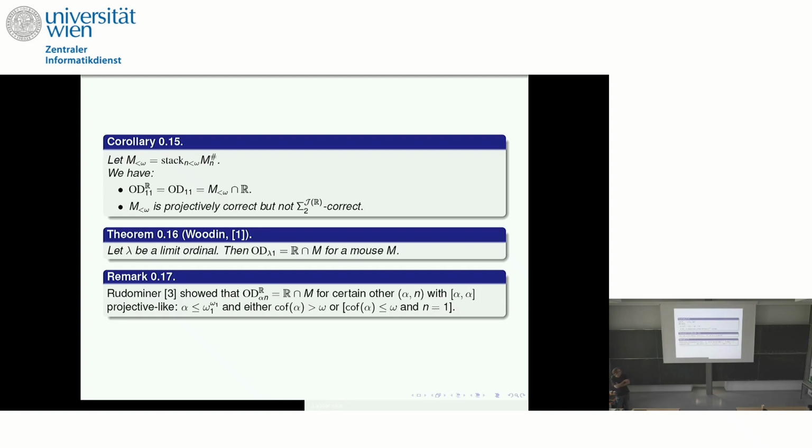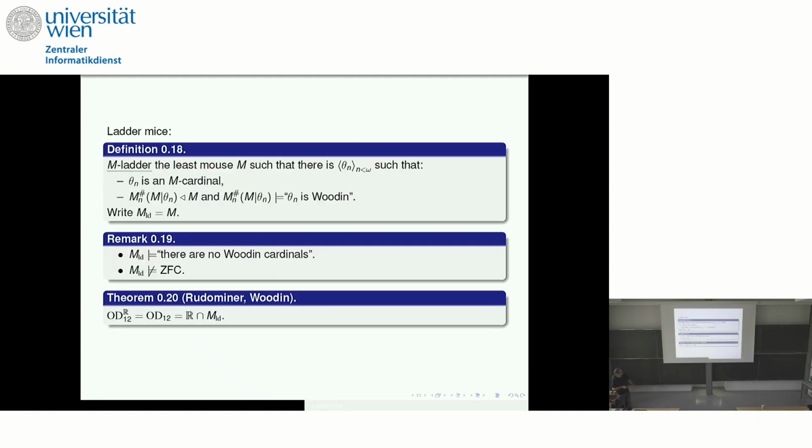For certain other pairs alpha n, with the main focus being on uncountable cofinality alphas, I'll remind you what this alpha projective-like is in a moment, but the basic point was Rudominer considered this set OD alpha n for certain ordinals of uncountable cofinality, and some of countable cofinality in cases of that, but the main focus was on uncountable.